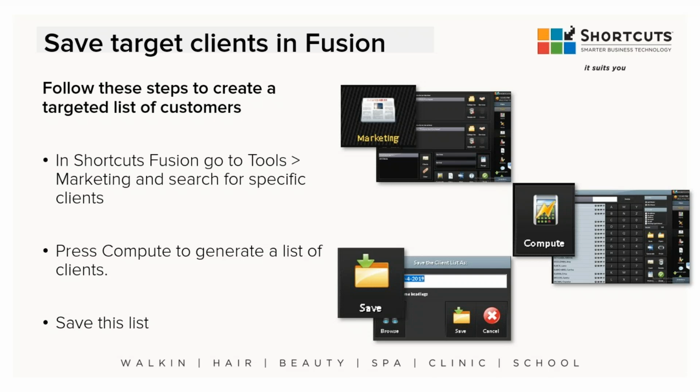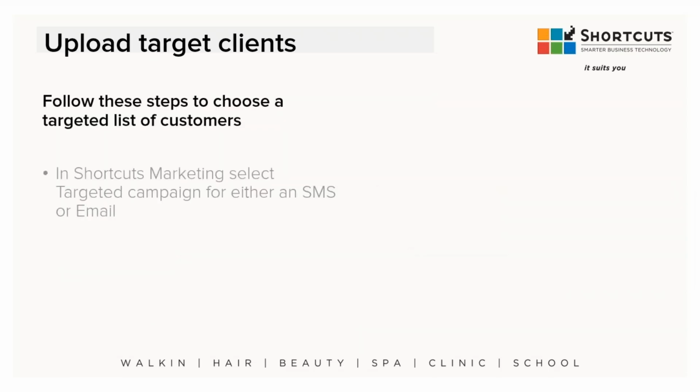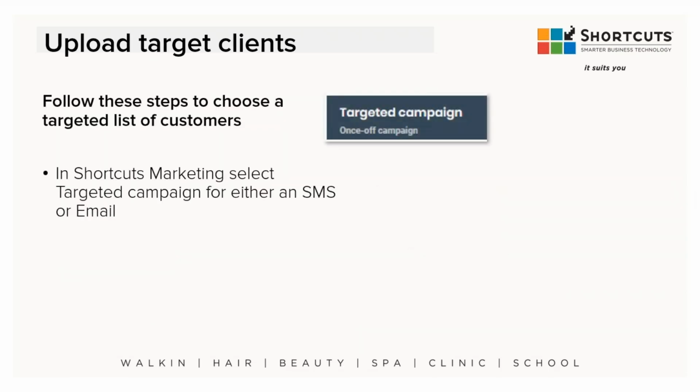So we're actually going to do a step by step. But if you're already familiar with Shortcuts, if you already know a little bit about marketing, you can just skip some of these steps and go directly to marketing, put in your criteria, hit compute, and save your list. And then once your list is generated, you can return to Shortcuts Marketing and upload your targeted list of clients.